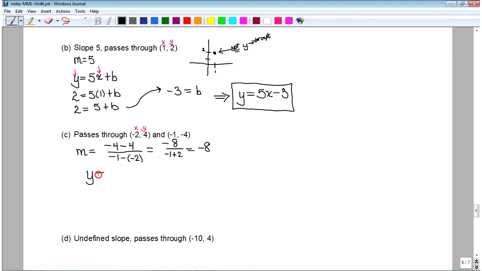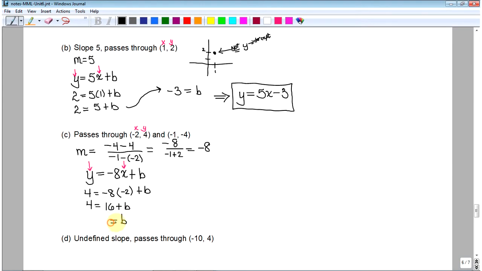So we're going to have y is equal to mx, so negative 8 times x, and now we're trying to figure out what b is equal to. So we're plugging in our points for x and y. So we have 4 is equal to negative 8 times negative 2 plus b. 4 is equal to 16 plus b.